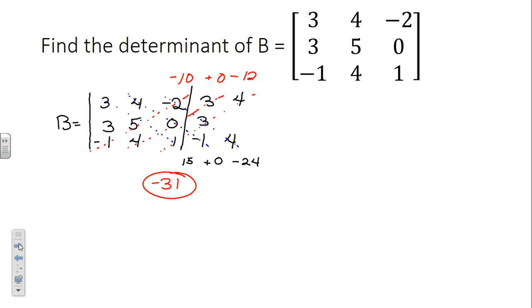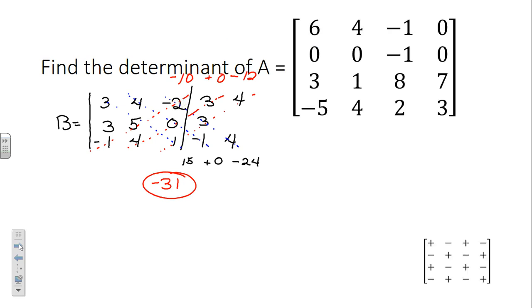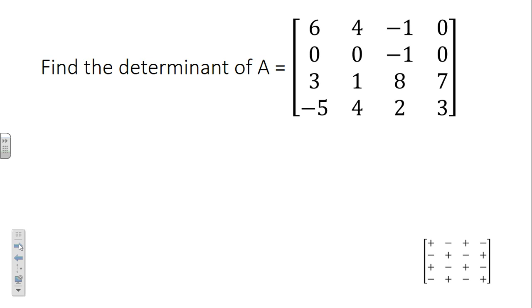So far so good? Okay, questions on this one? There's more, okay? Because now we want to know how to find a 4 by 4 matrix. Okay? Okay, so here's the next slide. I want you to practice this. It's not going to be a test question.